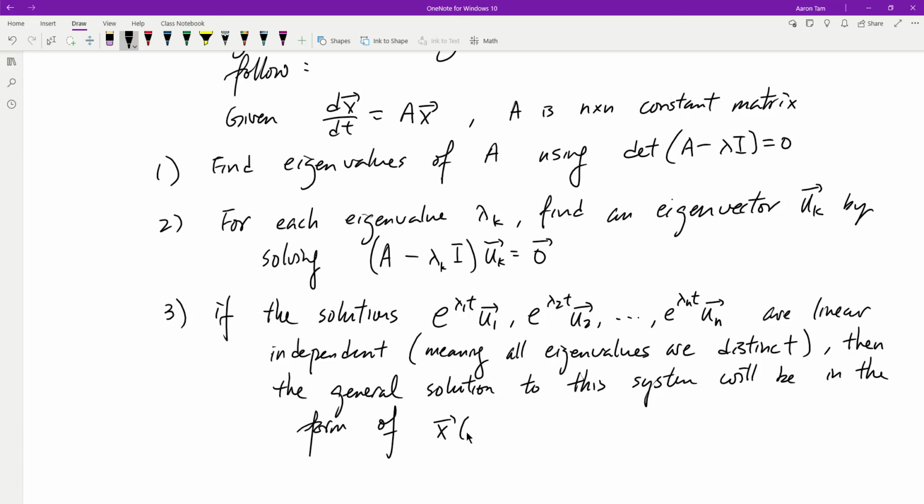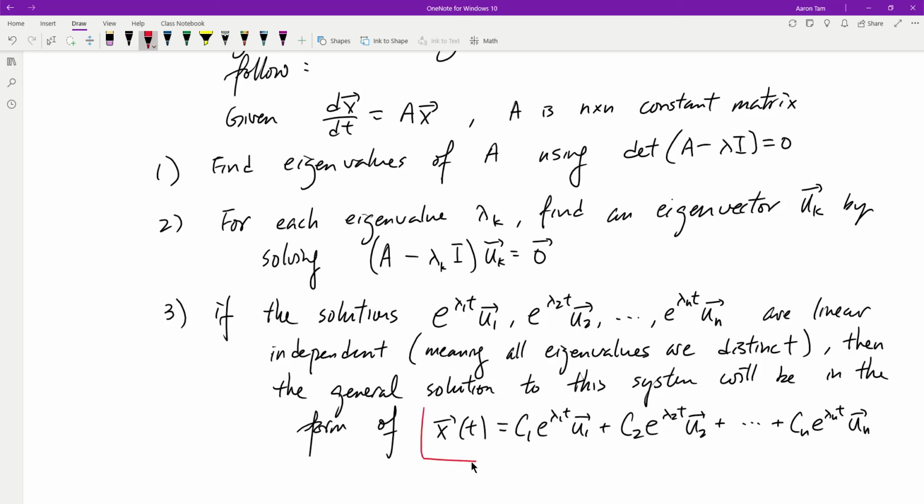Vector x of t is equal to c1 e to the lambda 1t vector u1 plus c2 e to the lambda 2t vector u2 plus dot dot dot plus c sub n e to the lambda sub nt vector u sub n.